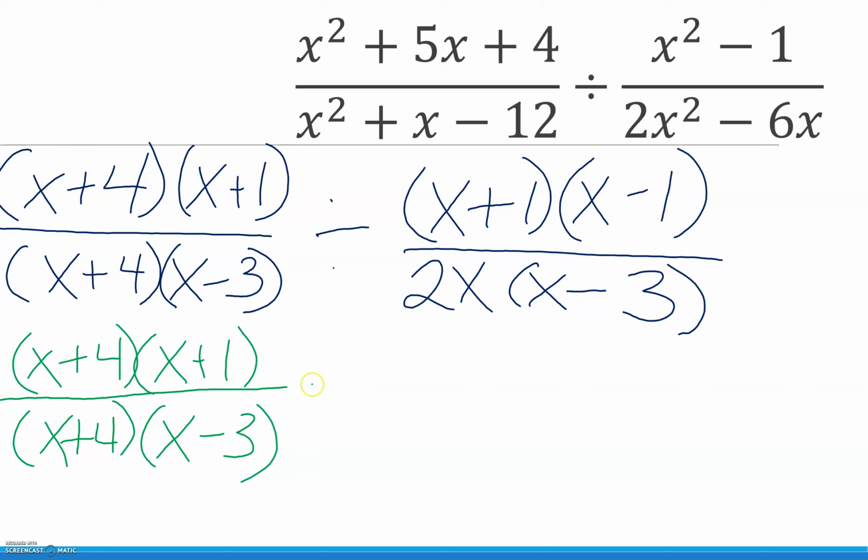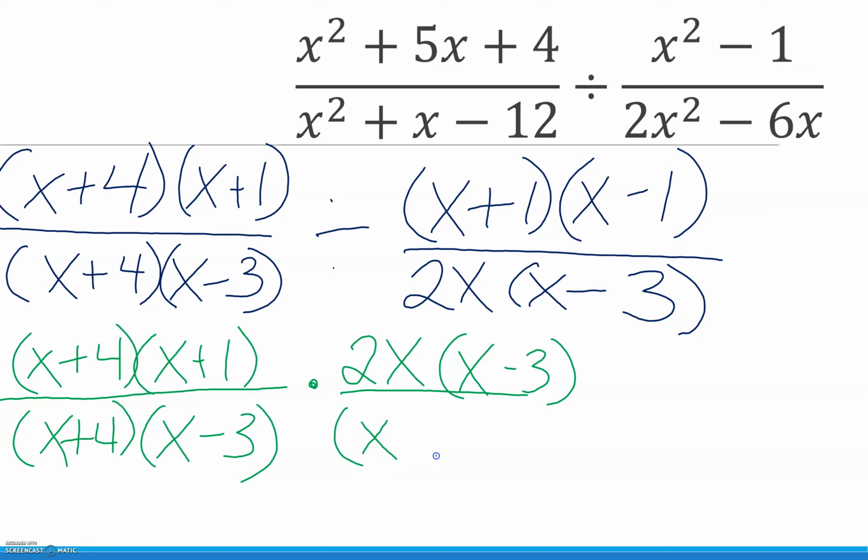But now that second fraction is going to be multiplied by the reciprocal, so I have to flip it. So now 2x times the quantity x minus 3 is in my numerator, and the x plus 1 times x minus 1 is in the denominator.